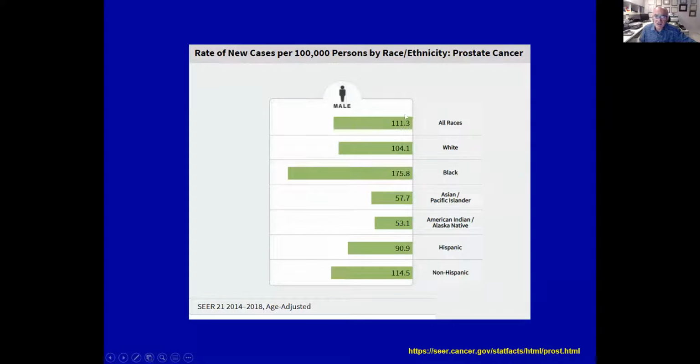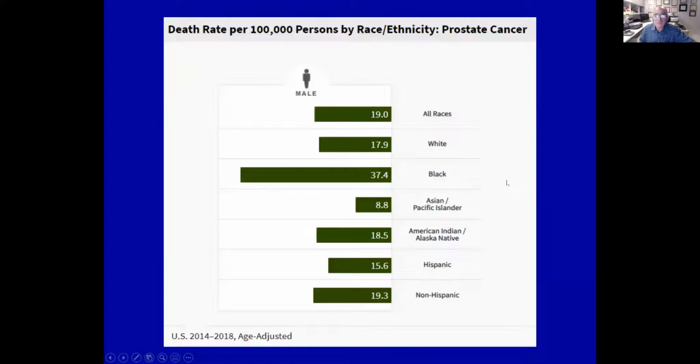You mix all races, it's an average, but here we can see that the Asian population, for some reason, is a little bit more protected as compared with the African American population. And this can be gene related, cultural related, and most likely a combination.